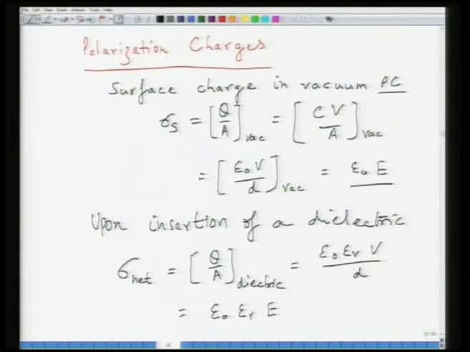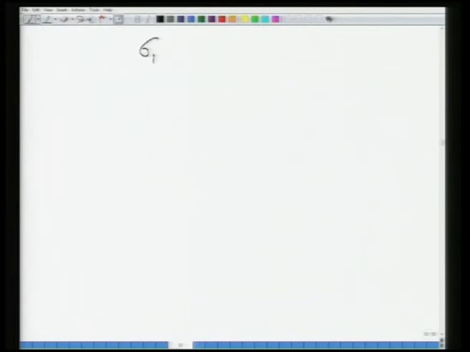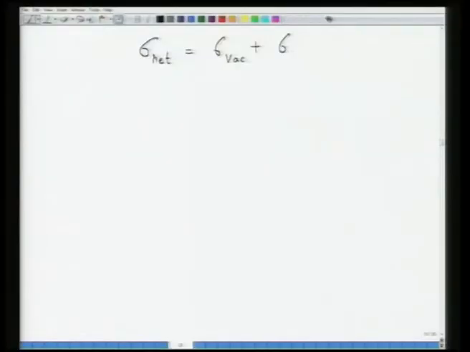So, this sigma net can be represented as sigma vacuum, which was present without the dielectric, plus something else. And what is that something else? It is coming from some external effect, so let us say sigma induced. This induced charge is what we are interested in.